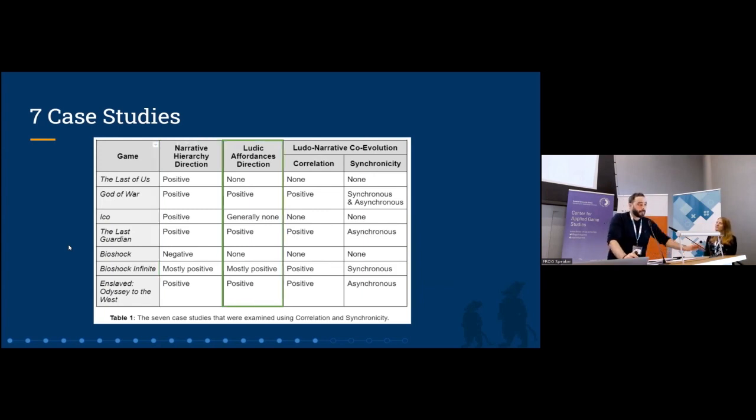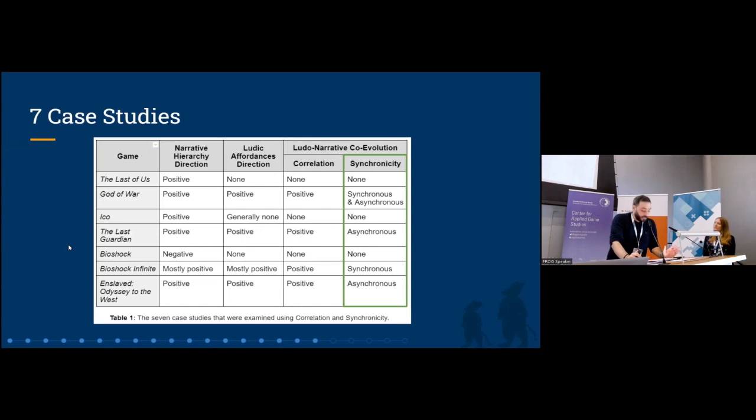On the other hand, Ludic Affordances either evolve in a positive direction or not evolve at all. And when reviewing the Ludo-Narrative Co-Evolution, the observations of correlation were somewhat consistent. There is mostly either no correlation or a positive correlation. In the case studies featured here, there were no instances of a negative correlation, meaning characters get closer, but the player's degree of control decreases, or vice versa.